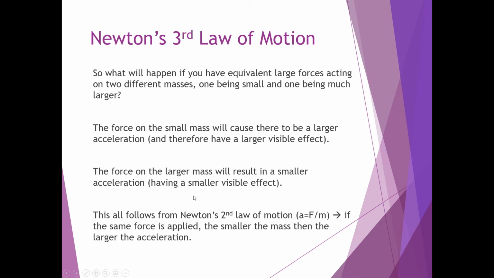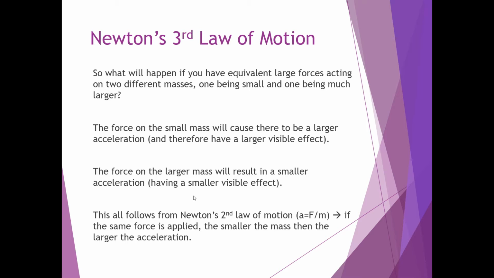So what we're thinking about here is if you have two equal large forces acting on two different masses, one being small and one being much larger, you should recognize that the force on the small mass will cause a larger acceleration, and that will have a larger visible effect. And the force on the larger mass will result in a smaller acceleration, and so that will have a smaller visible effect.